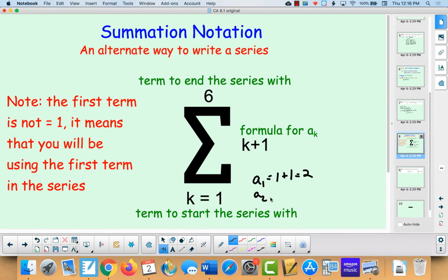My second term is, now I'm going to move on to 2. K started at 1, it's going to go all the way to 6. So k is 2 for my second term. K is 3 for my third term. K is 4 for my fourth term.